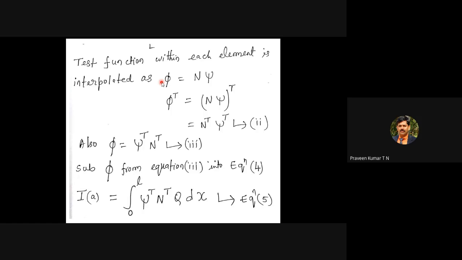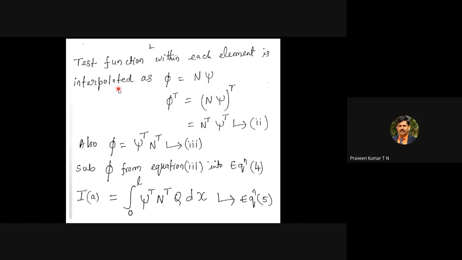In a similar way, we know the temperature. This is the global temperature vector. Xi is known, so we know N also. We can find the temperature function at any point within the element. The simple concept is, we know the temperature at nodal points, so we can find the temperature at any point within the element by using the interpolation function.